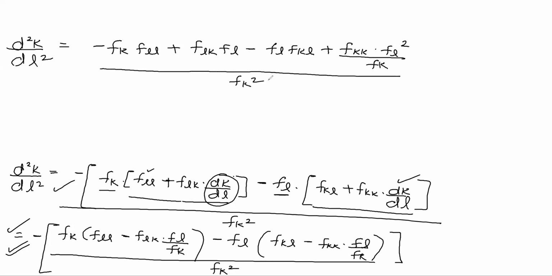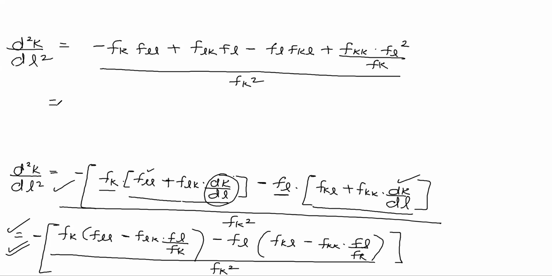So what we have done is we have opened up the brackets. So minus FK FLL plus FLK FL minus FL into FKL plus FL square into FKK divided by FK.